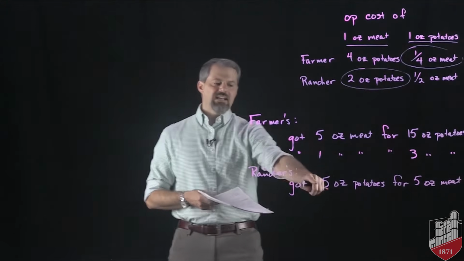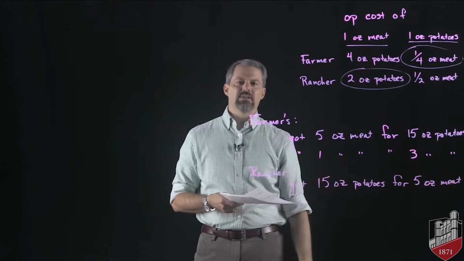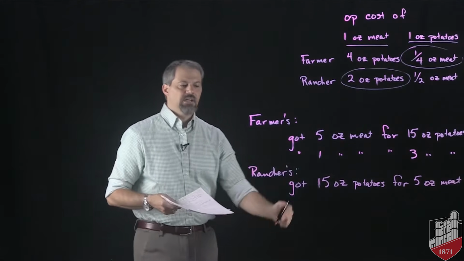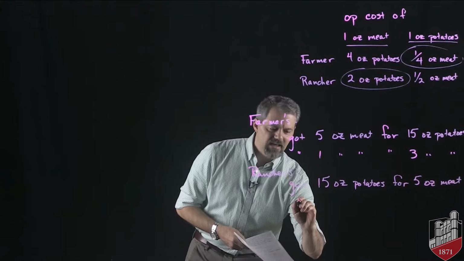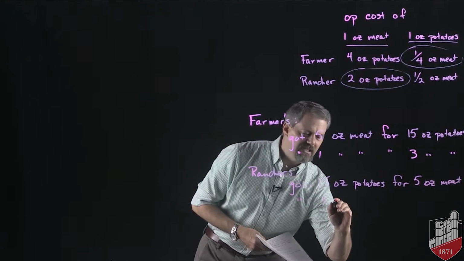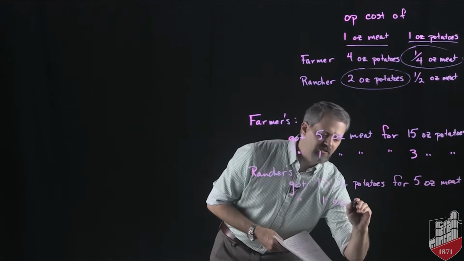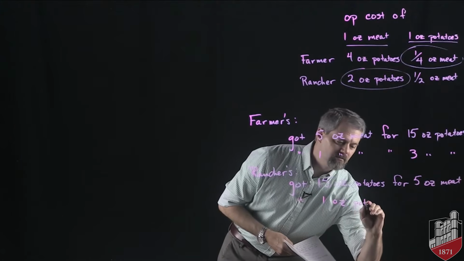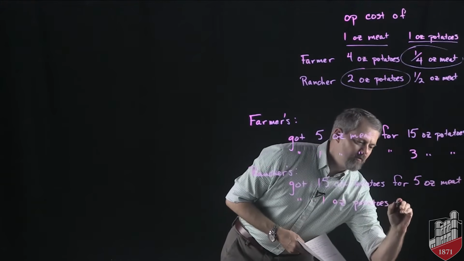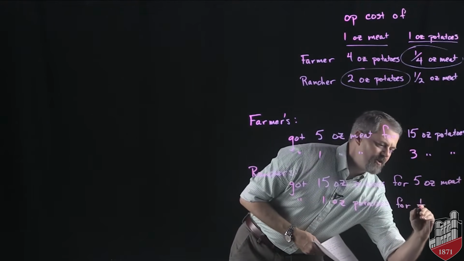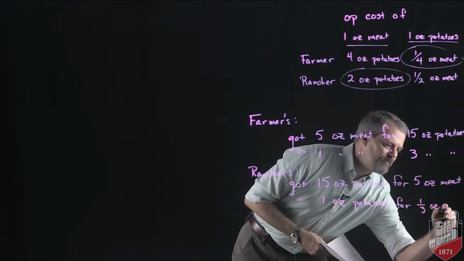We want to put that in terms of how much each ounce of potatoes cost the rancher, so that we can rewrite that as they got 1 ounce of potatoes for 1/3 ounce of meat.